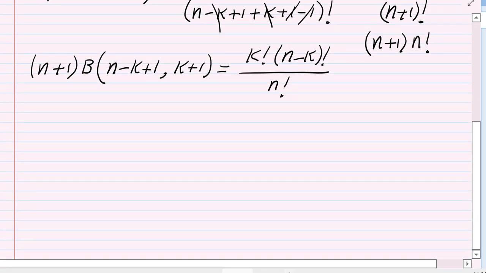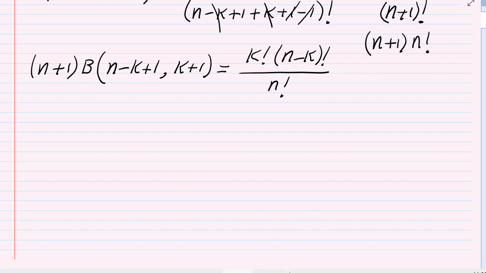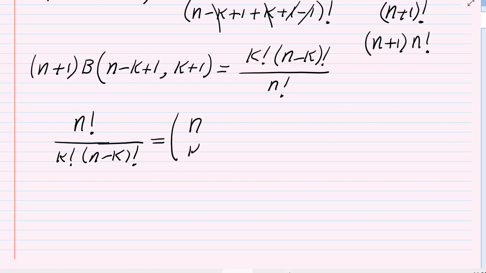So the right side is the reciprocal of the binomial coefficient. So we're going to flip both sides here. When we flip both sides, remember, I'm switching right and left sides here, n factorial over k factorial, n minus k factorial is what that becomes. Remember, that is the binomial coefficient n choose k.